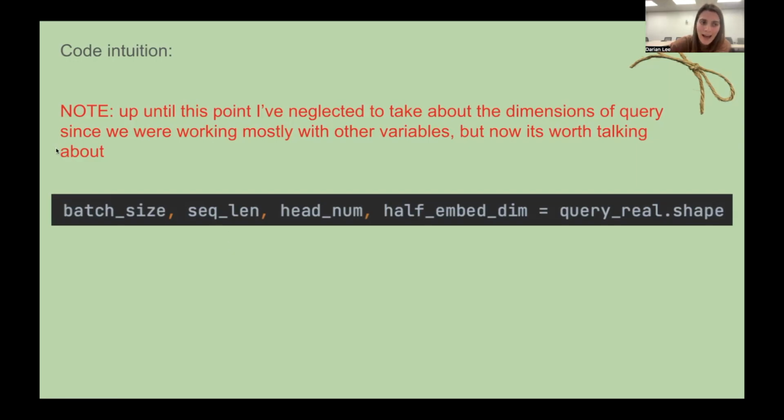So we're not just going to have one query, we're going to actually have several different queries for each sequence length. So if we have like batch size here, sequence lengths, maybe we have like 2 tokens per sequence in the batch. A batch size of 1 maybe. Then let's say half our embedding dim. The reason this is halved is just because we're splitting them up into pairs.